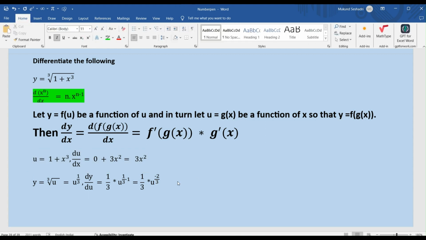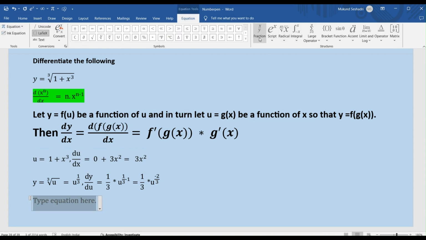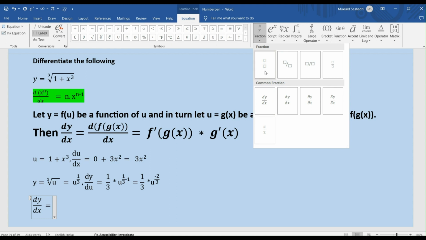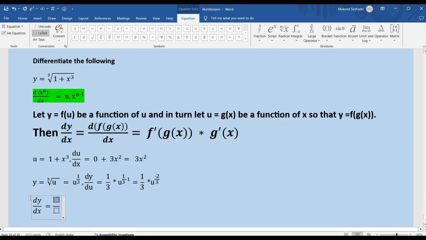So let's go to the next line and write what is my dy by dx. My dy by dx is nothing but dy by du into du by dx, right? So what is my dy by du?